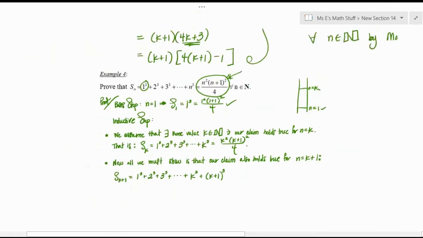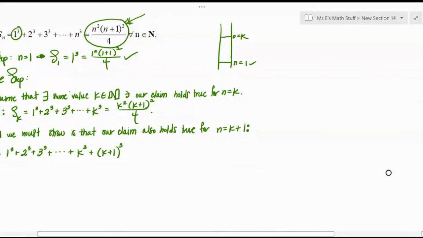So now let's talk about scratch work off to the side. What is our goal? So this is scratch work, not part of your proof. Our goal is to show that this mess of term by term junk we can simplify down and have it equal the sum formula, where instead of n's, you have k plus 1.